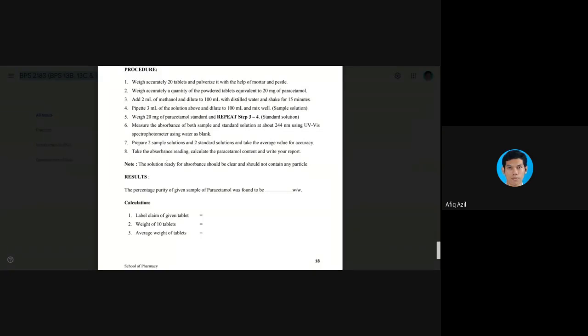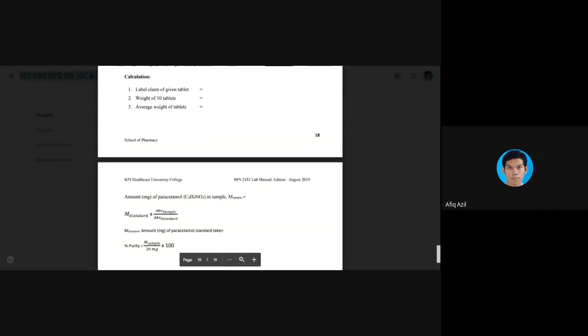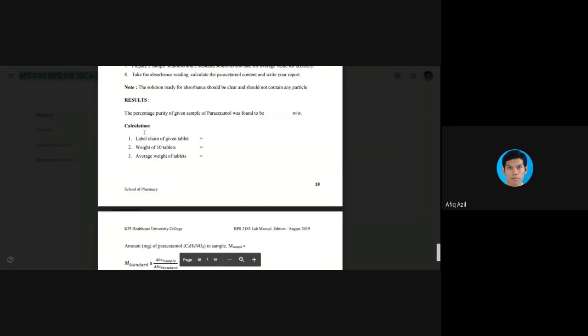So take the absorbance reading and you can calculate the paracetamol content by using this formula below. The data that you need would be the label claim of given tablet, meaning the strength of paracetamol tablet that you have, whether it's 500 mg or another higher one.